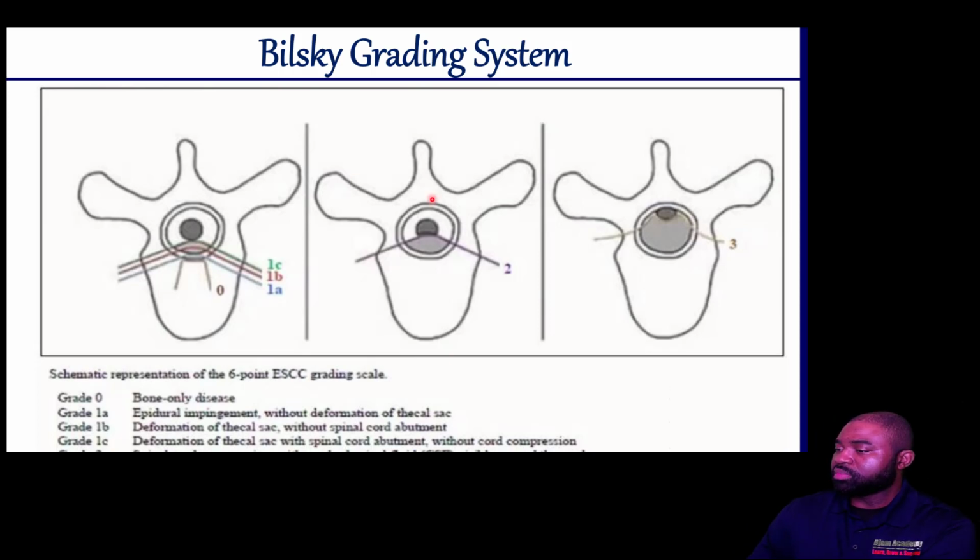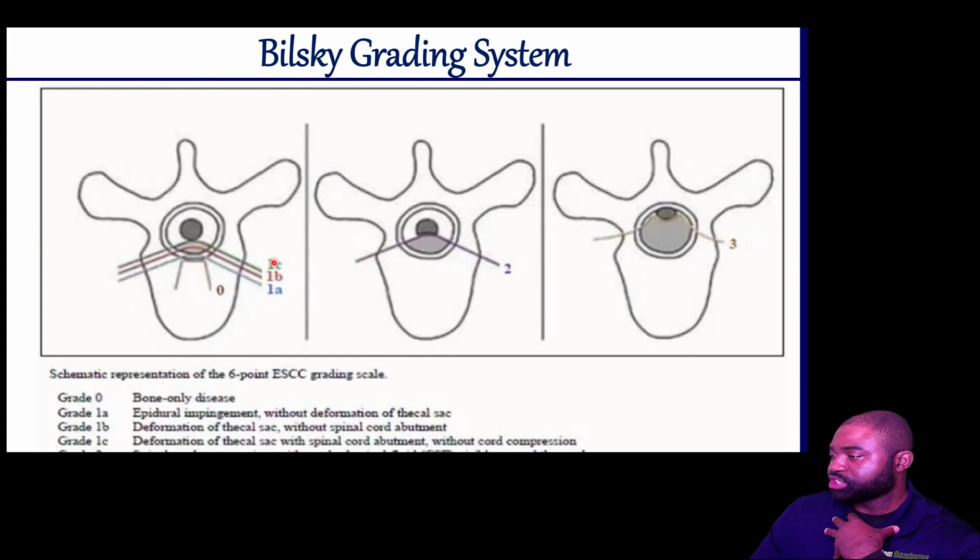Now, this is another way to represent this. You can clearly see that for grade 0, it is only the bone. For 1A, you have a little bit of epidural impingement. For 1B, the thecal sac is deformed, but the spinal cord is not abutted. For 1C, the thecal sac is deformed and there is spinal cord abutment.